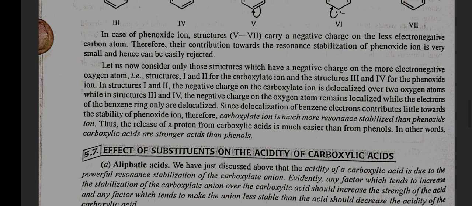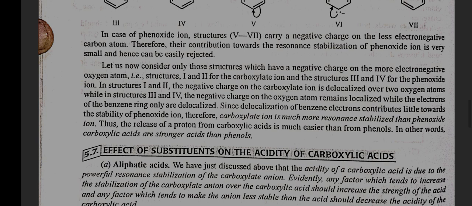Let us now consider only those structures which have a negative charge on the more electronegative oxygen atom for the carboxylate ion and the structures for the phenoxide ion. The negative charge in the carboxylate ion is delocalized over two oxygen atoms, while in structures third and fourth, the negative charge on the oxygen atom remains localized while only the electrons of the benzene ring are delocalized.